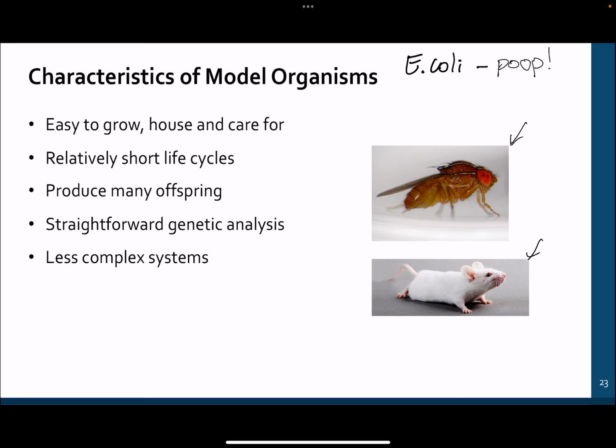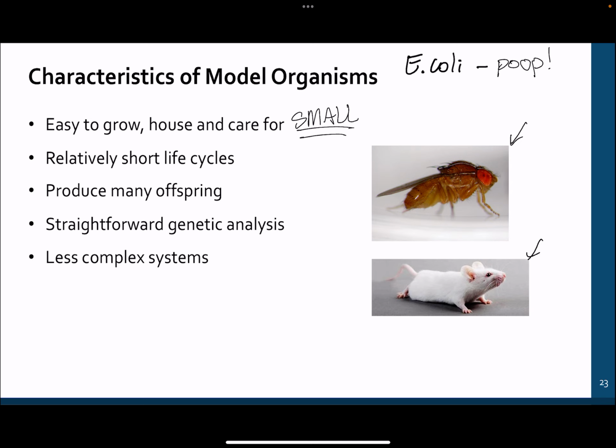One is that they are easy to grow, house, and care for. This is usually because they are small, so you can keep a lot of them around. They have relatively short life cycles, so it doesn't take a long time to study them from conception to death. They usually produce many offspring.